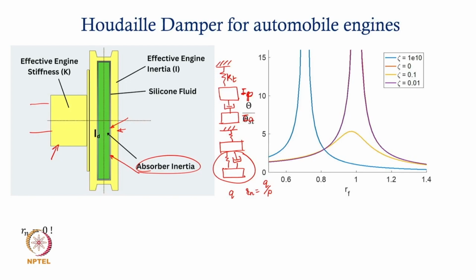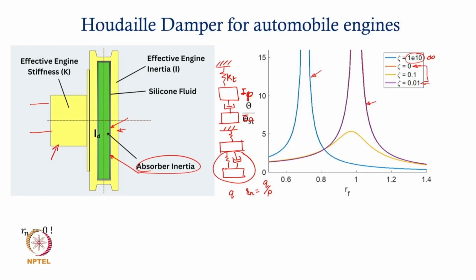So what happens if zeta is very large? This is like representing an infinite value. You expect this curve, and when there is very low damping, even for a damping of 0.01, this is what the curve looks like. Both of these curves are almost identical in behavior.